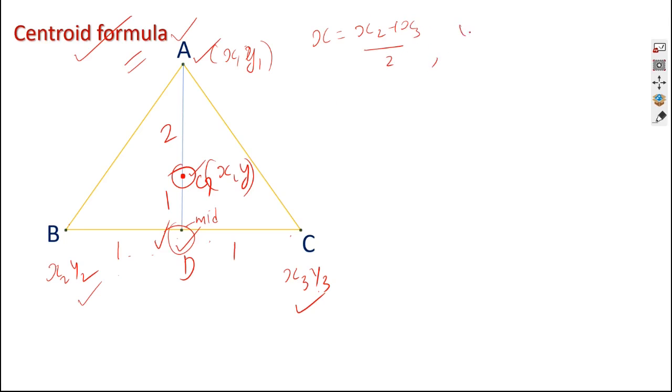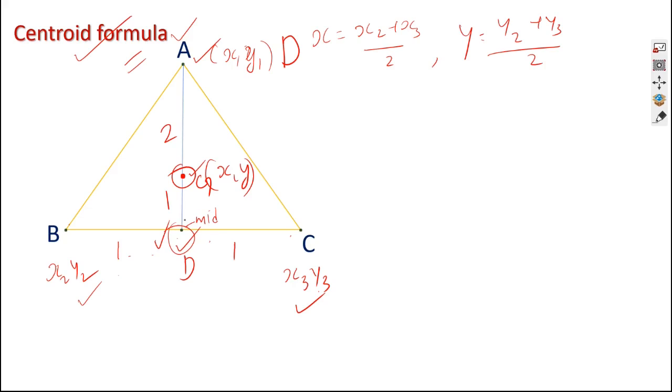And to get the other coordinate of D, the y coordinate, we will write (y2 plus y3) upon 2, correct? So we will write this as the coordinates of D, my dear students. We got the coordinates of D now.